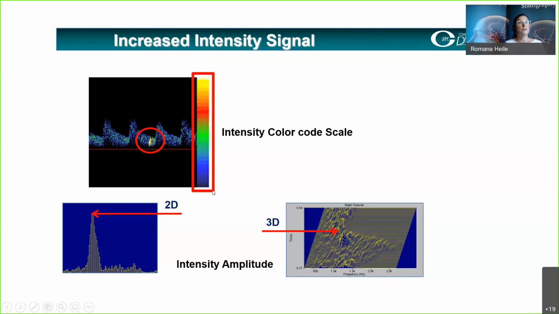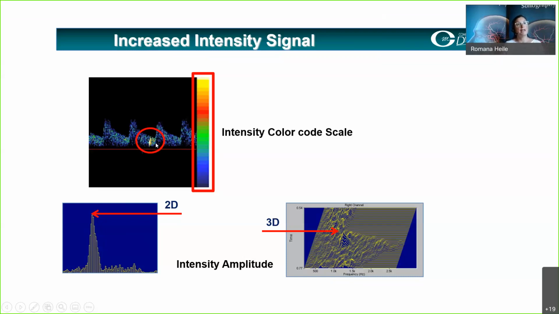And here, due to this intensity scale, we can see that yellow is the highest intensity. We see this little spot, from the color I would say very yellow. So this will have a really high intensity in comparison to the rest of the Doppler spectra.